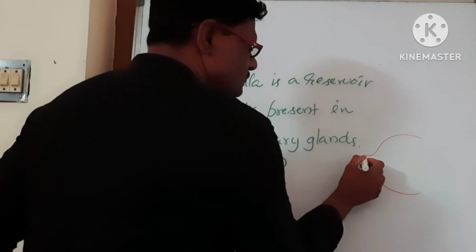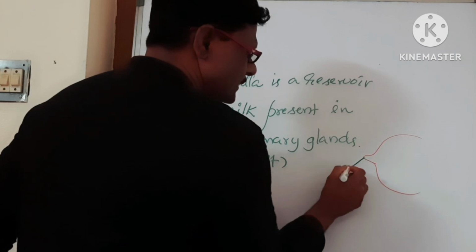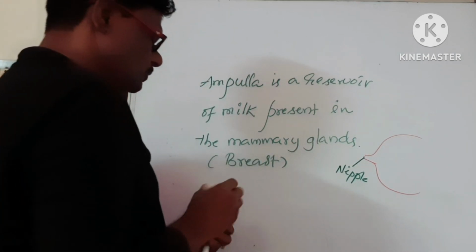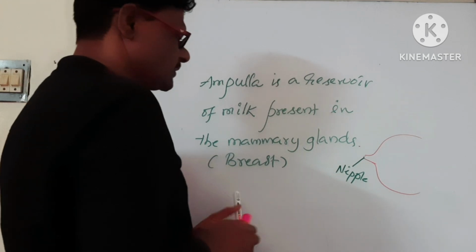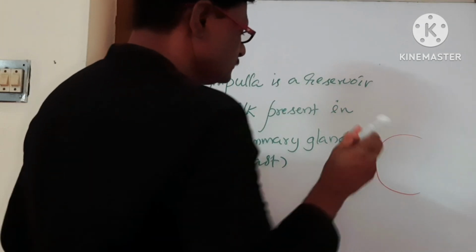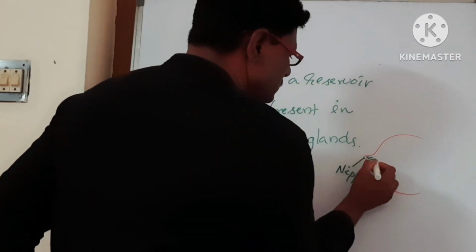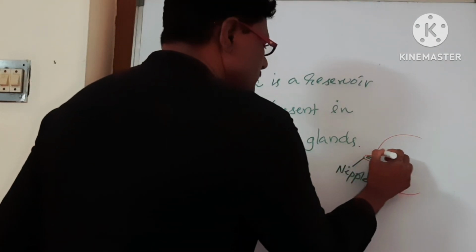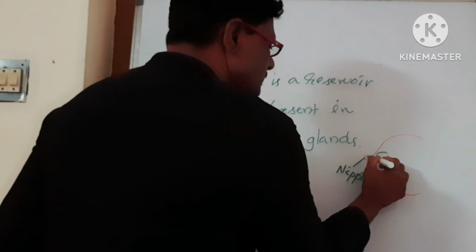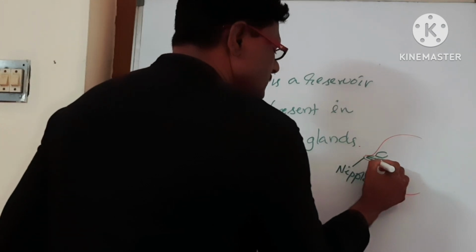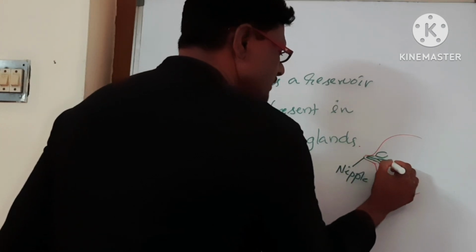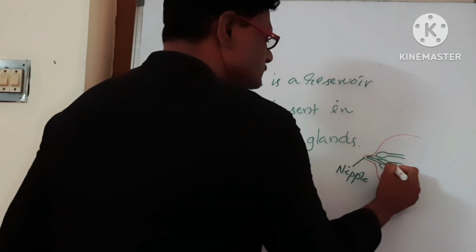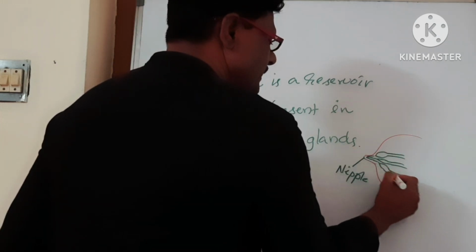See, the nipple. Into that, the lactiferous duct is opened. This one, the lactiferous ducts. They are connected with bulbous structures called alveoli.